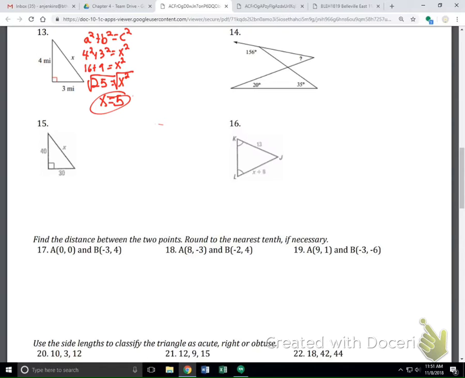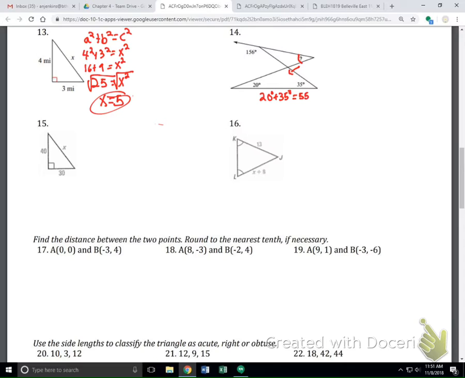Okay, so for number 14, we need to find the angle here that's the question mark. Our first step is to find this angle. How do we go about doing that? We're not going to be squaring anything in this one. So 20 plus 35, which is 55.